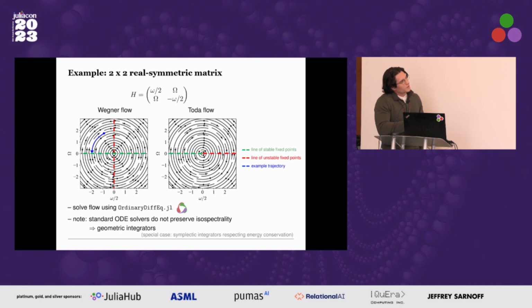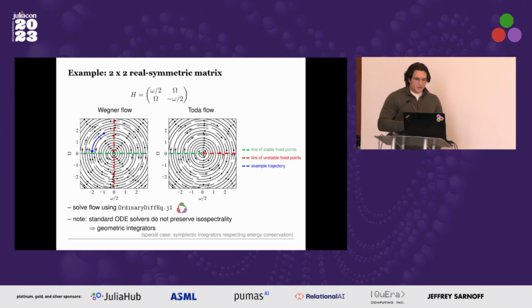In green, you see the line of stable fixed points, and in red, the line of unstable fixed points. If we now pick an initial Hermitian matrix, so initial values of W and omega, and let this flow run, we see that it evolves towards this line of stable fixed points where omega is equal to 0. So the off-diagonal elements are 0, and we end up with the correct diagonal matrix.